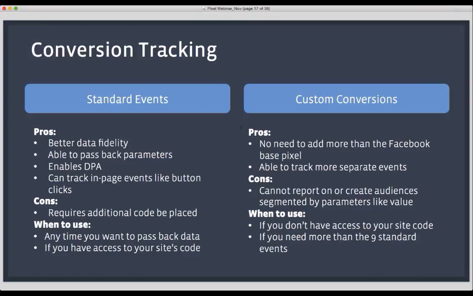You're able to say this view content is of content type blog post or content type video view. And that gives you so much more information into what users are doing rather than just their viewing content. Or you're able to say this purchase has 10 items in it, or 3 items, or is worth $100, or is worth $20. And again, that gives you so much more information as to what's happening on your site rather than just saying a purchase occurred.